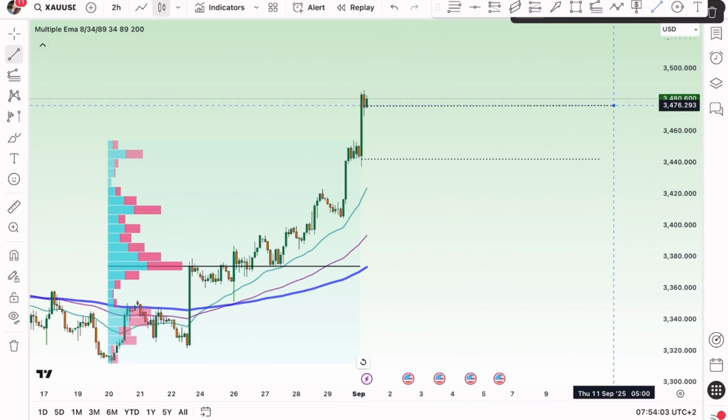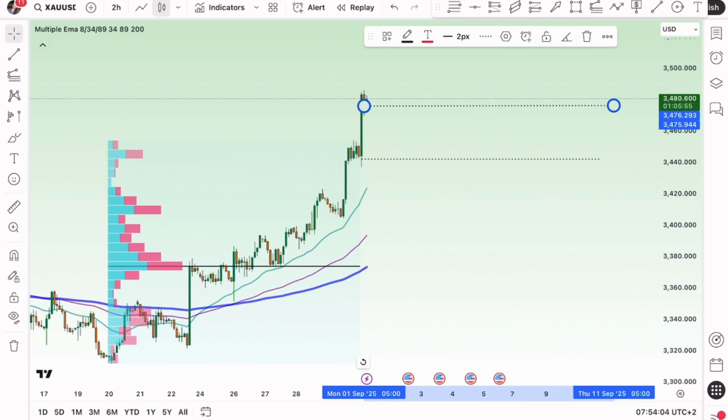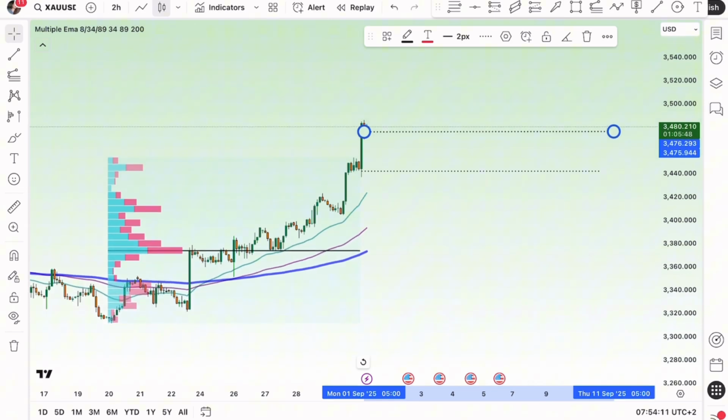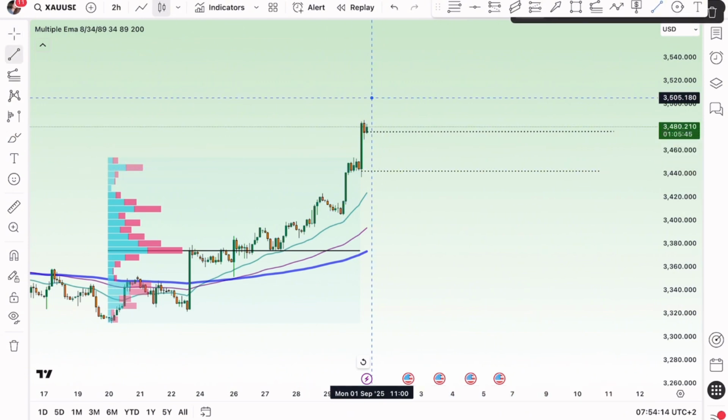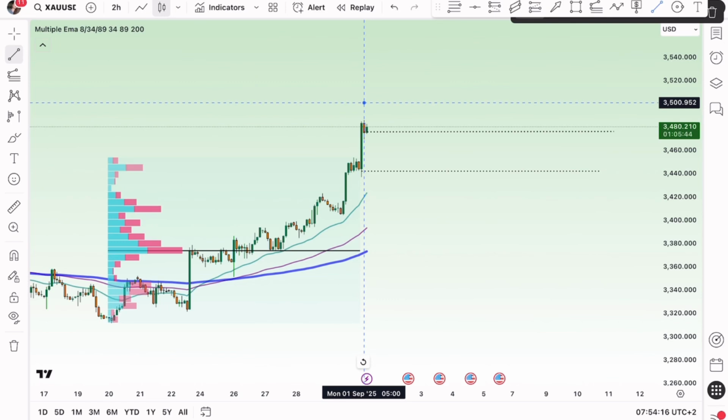If the price corrects from the resistance, this could be its first stopping point. And the chart is telling us a story of a market that is very hot and might be approaching its next breakout point.